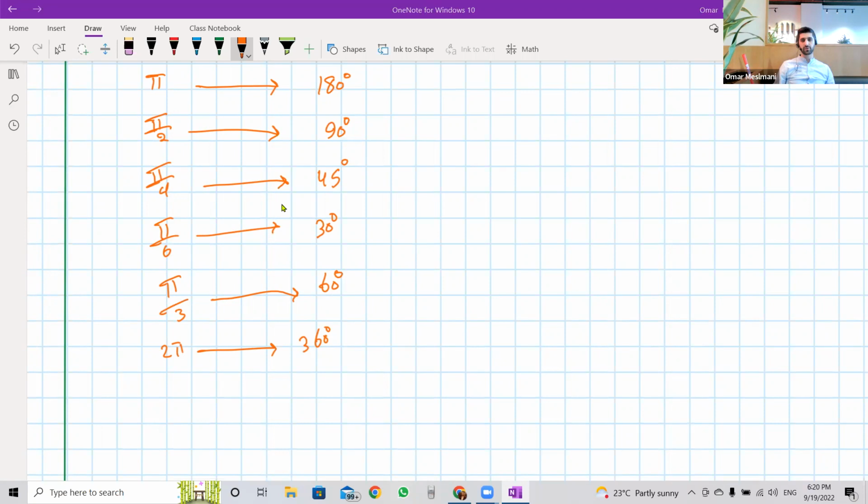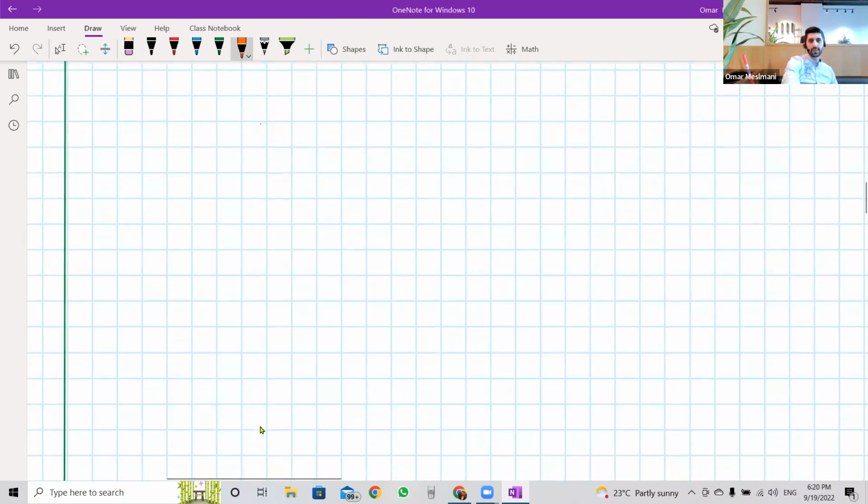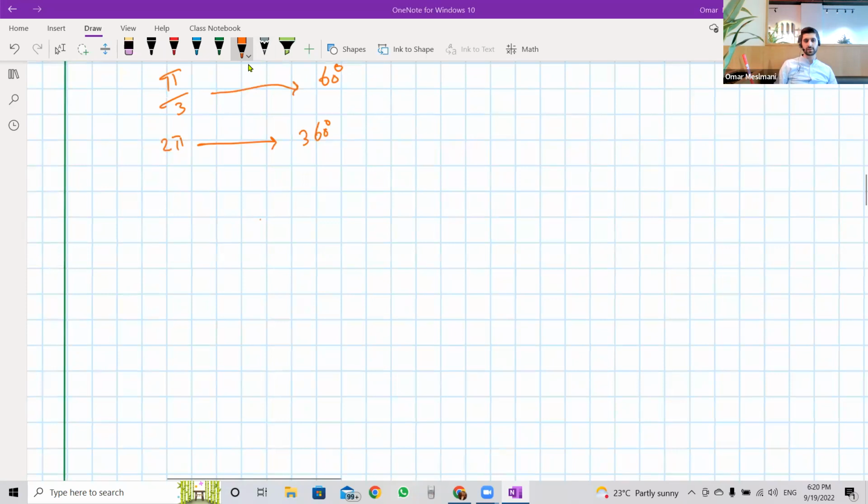Yes, there is a formula. If you want to use a formula to change between degrees and radian, you use this.